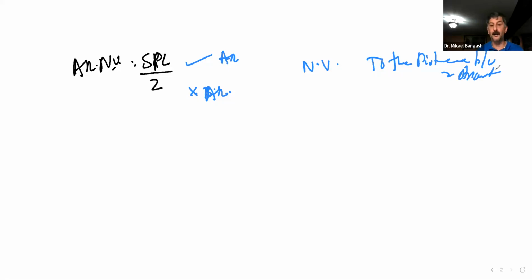Now, if your numerical value was lesser than the distance between the two structures, you will have a good resolution.